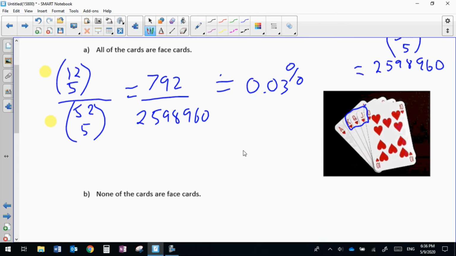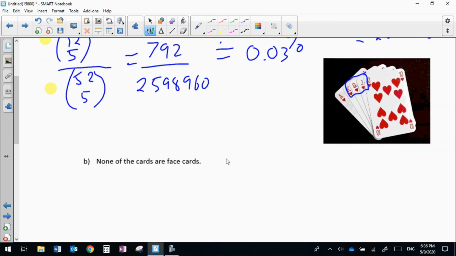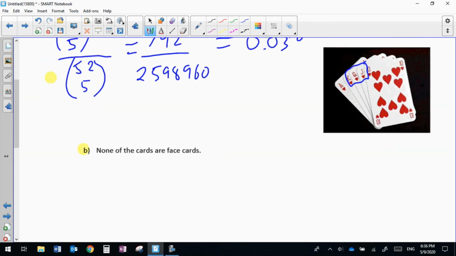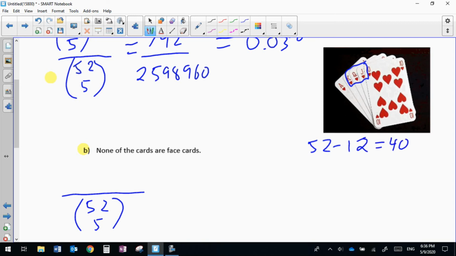How about none of the cards are face cards? That is not the opposite of part A, even though it might seem like it at first. Now I want to count all the hands you could have that consist of cards that are not face cards. Well, if there are 12 cards in the deck that are face cards, there's 52 minus 12, 40 cards that are not face cards.